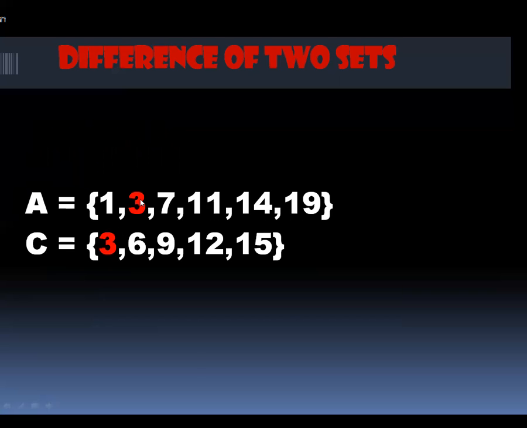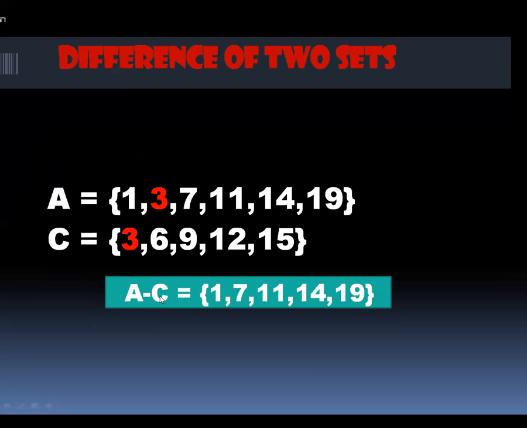There is only one element common to the two sets. So what are the elements that remain in set A? A minus C is equal to 1, 7, 11, 14, and 19. So the difference of A and C is the set of 1, 7, 11, 14, and 19.